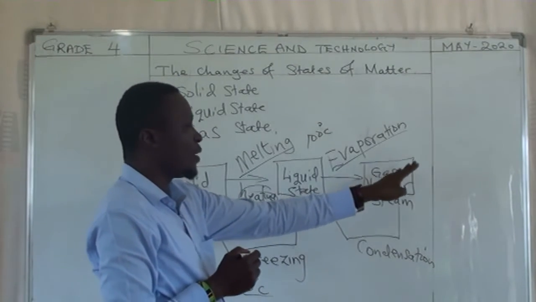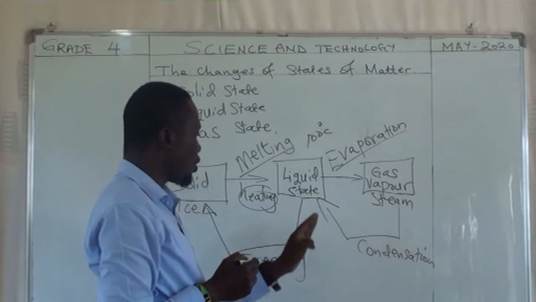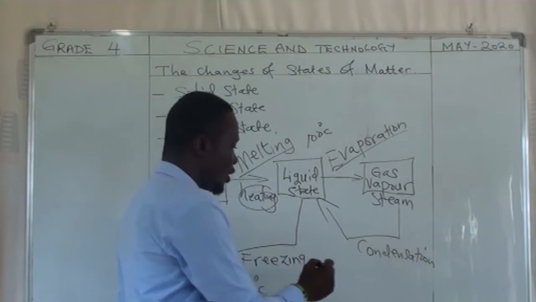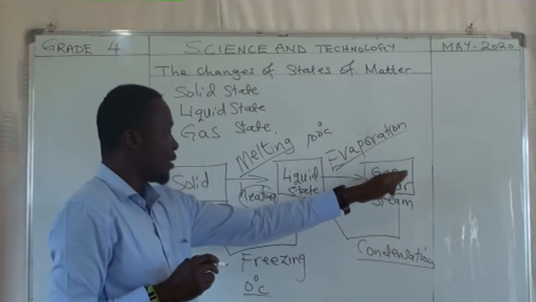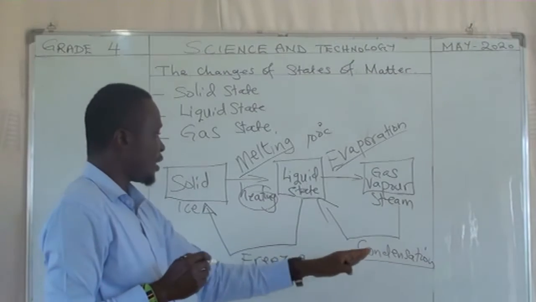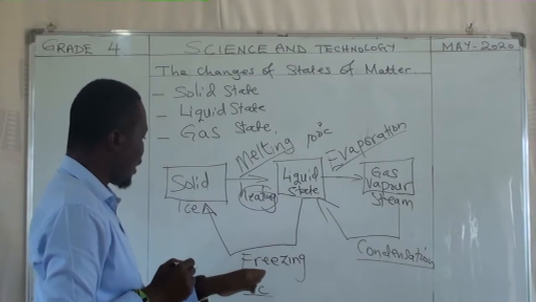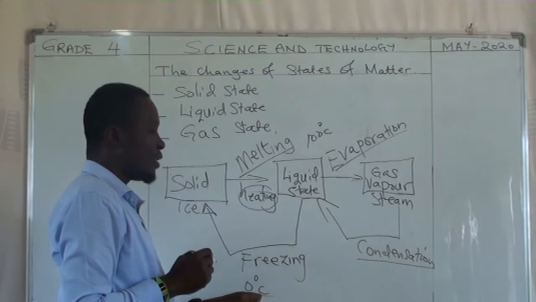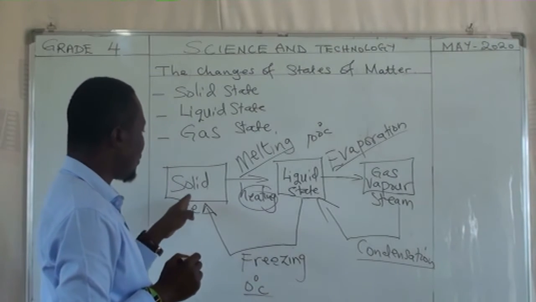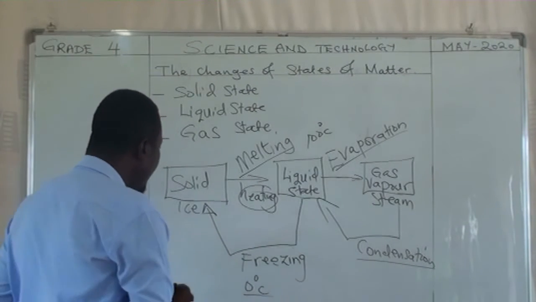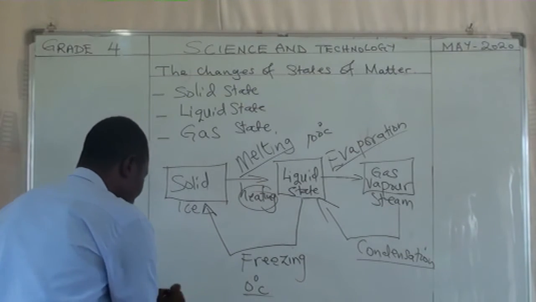The same vapor can condense to form back the liquid water. That is through cooling. That is what is known as condensation, right? So the gas condenses to form back the liquid water. Liquid water undergoes freezing, that is lowering the temperature down to 0 degrees centigrade, then it forms back the ice. So the solid state of water is known as ice.